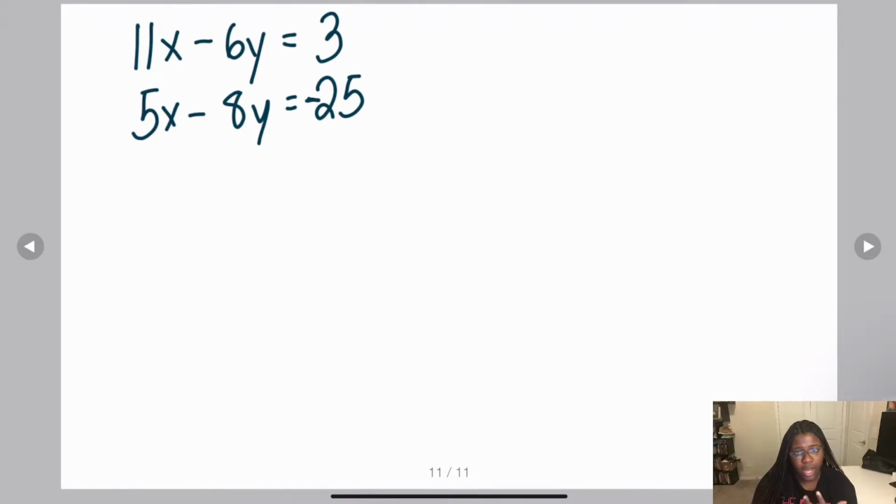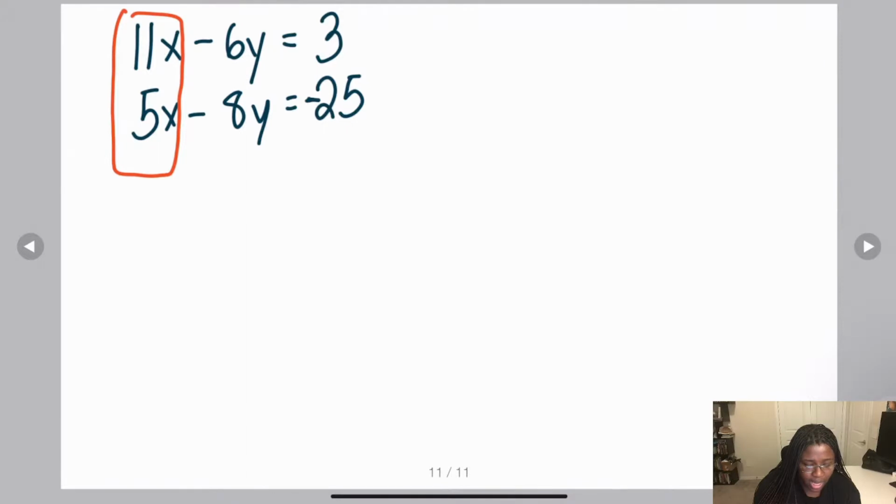So with this one for elimination, the reason why I know that I can do elimination is because my x and my y is on the same side of the equation. So substitution immediately off the bat is not going to happen here. The first thing I want to do is take a look at both my x's and my y's. In my x's, I have 11x and 5x.